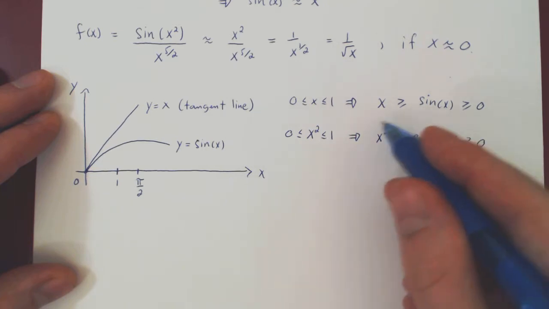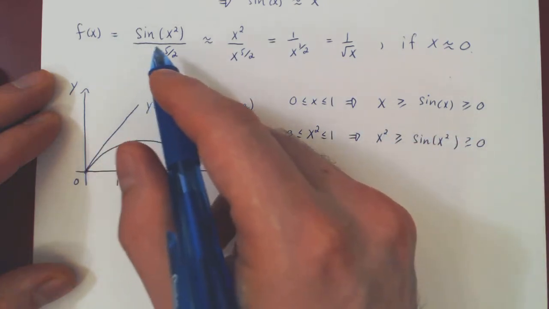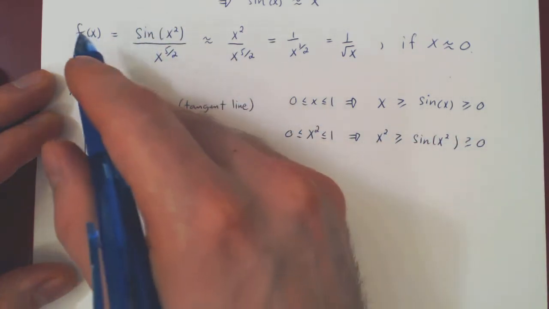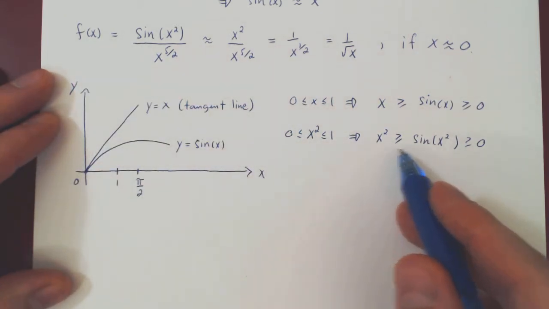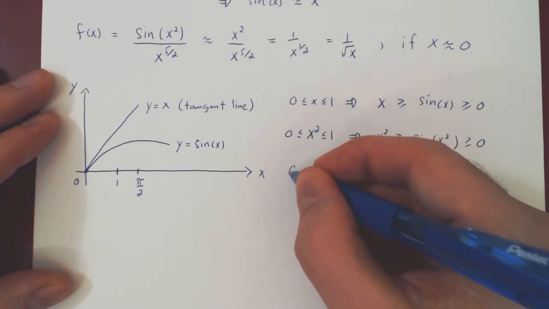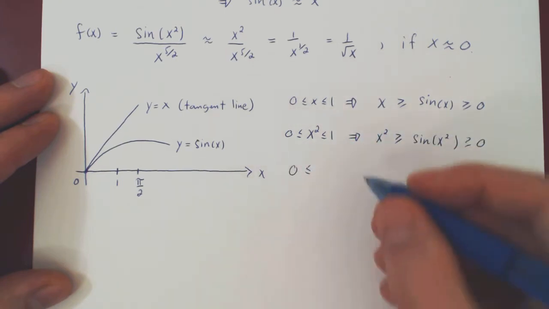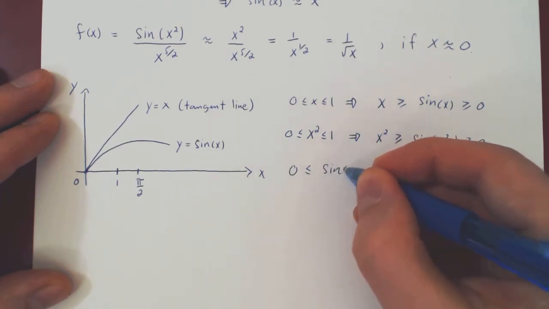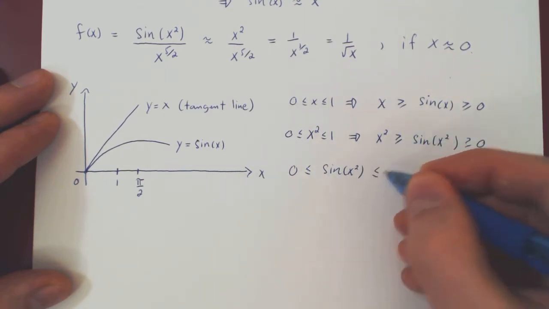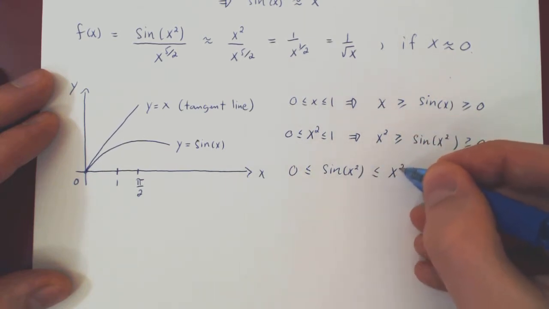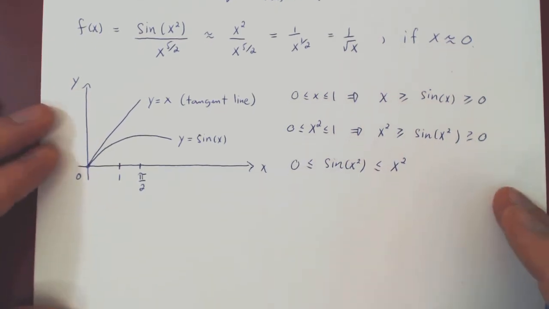So we can use this inequality in simplifying f of x with a proper inequality. Right? If I just rewrite this backwards, 0 is at most sine of x squared, which in turn is at most x squared. And now we're good to go.